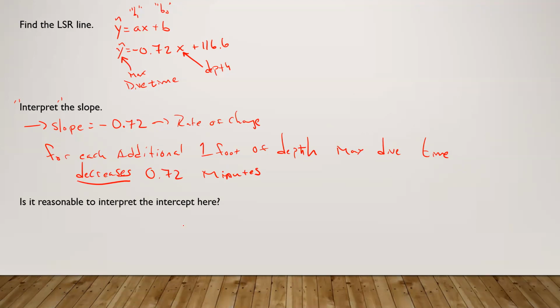The next question says, is it reasonable to interpret the intercept here? So remember, there were 2 questions you have to ask yourself.